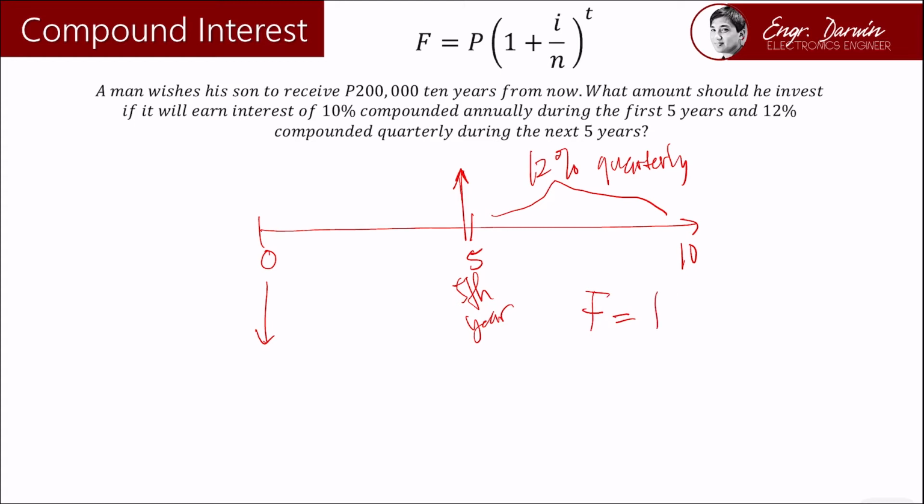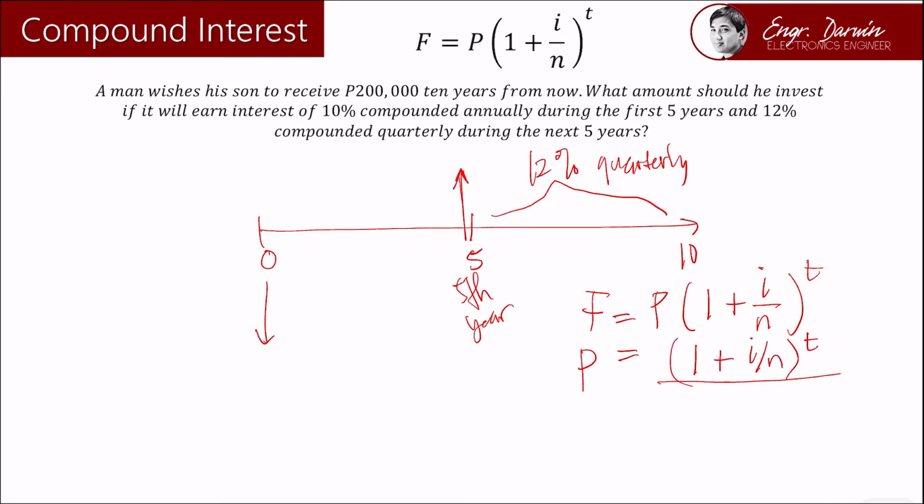So to do that, we can manipulate our formula by solving for P, which is our principal amount is F over (1 + i/m) raised to mn.